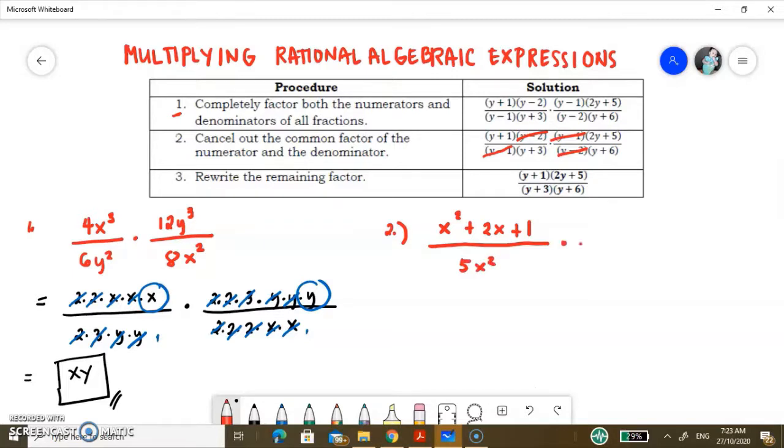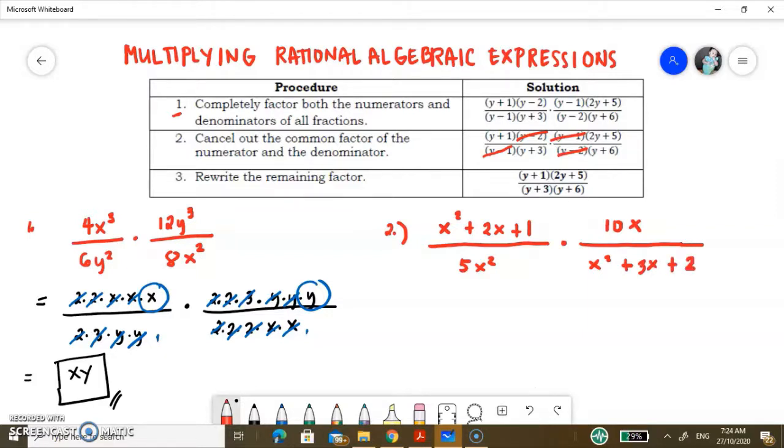Then let's multiply it by 10x over, say, x squared plus 3x plus 2.